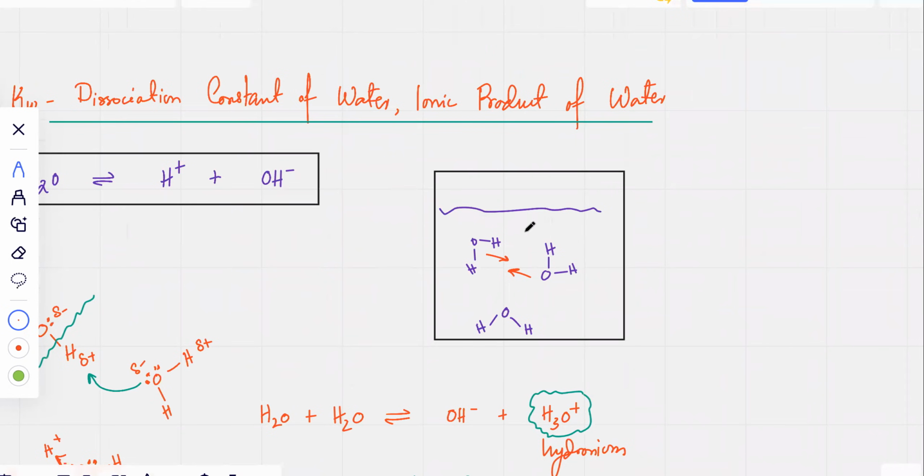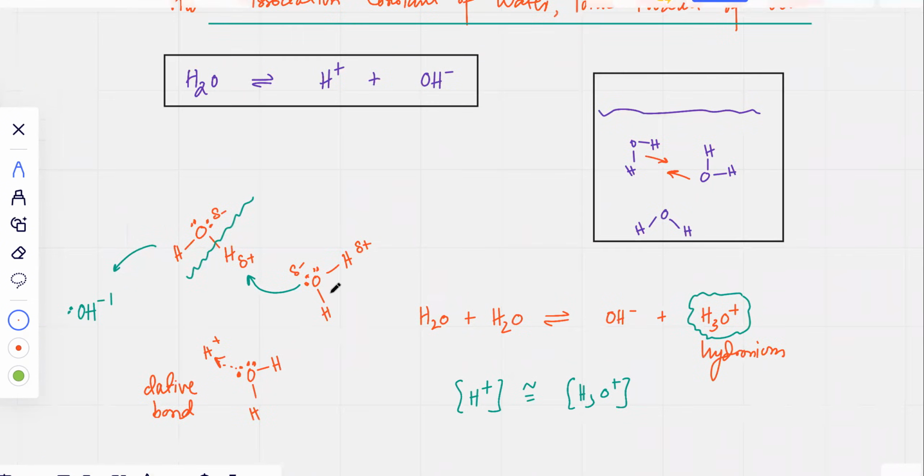If you increase temperature, the kinetic energy would be more. The molecules would be bumping into each other a lot more. So would there be more dissociation or less dissociation? It's going to be more dissociation because the molecules would be interacting with each other more. They would be bumping into each other, and they would ionize a lot more.